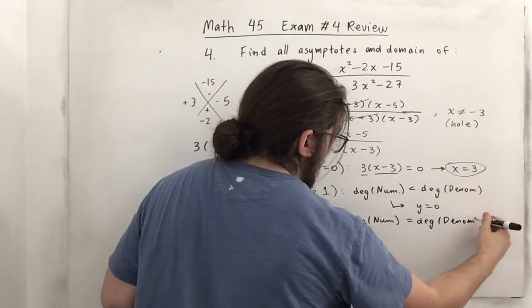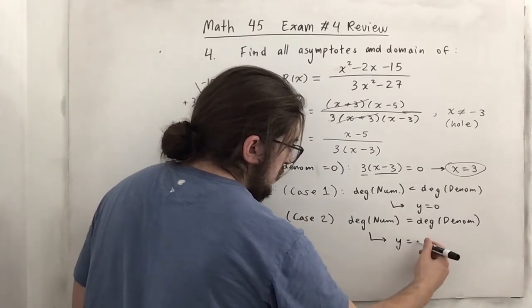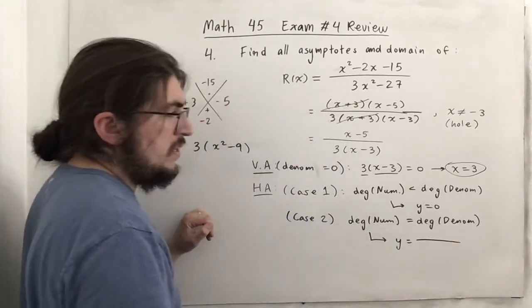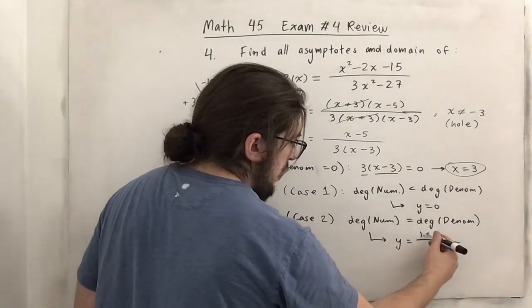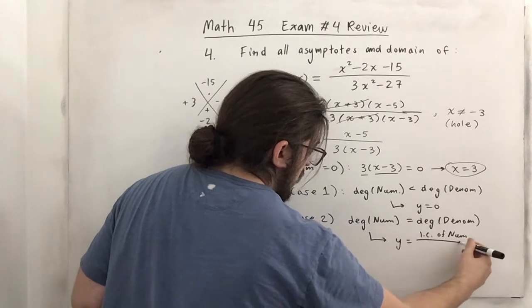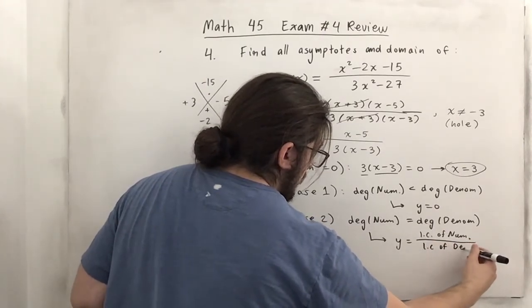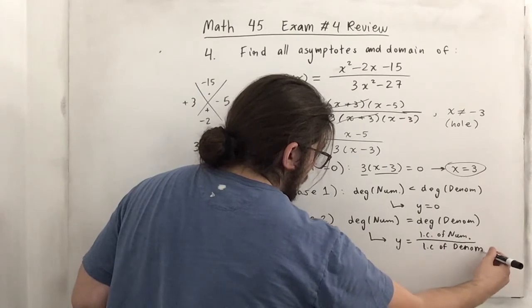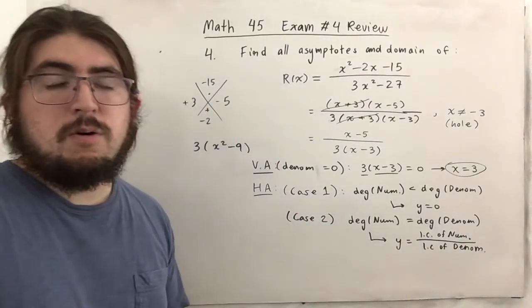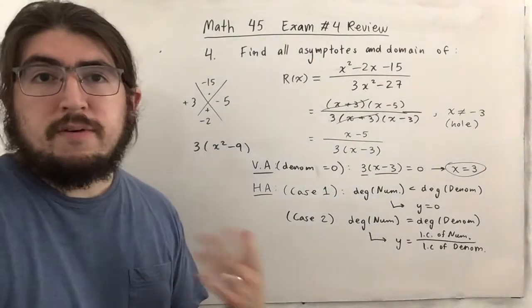And what you end up getting here is the horizontal asymptote is y is equal to the leading coefficient of the numerator, I'll write that as LC of numerator, over LC of denominator. So what is LC? Well, I said it real quickly, but LC stands for leading coefficient. Leading coefficient or lead coefficient is the number in front of the largest power.